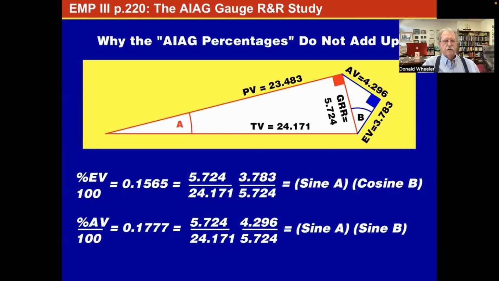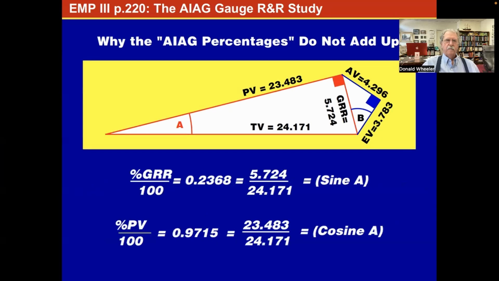So the equipment variation of 0.1565, with a little bit of manipulation, can be expressed as the sine of angle A times the cosine of angle B. The appraiser variation of 0.1777, with a little adjustment, can be expressed as the sine of angle A times the sine of angle B. Combined R and R of 0.2368 is simply the sine of angle A. And the product variation of 0.9715 is the cosine of angle A.